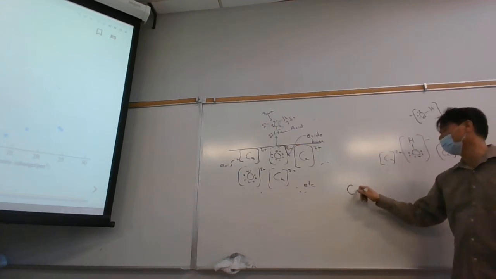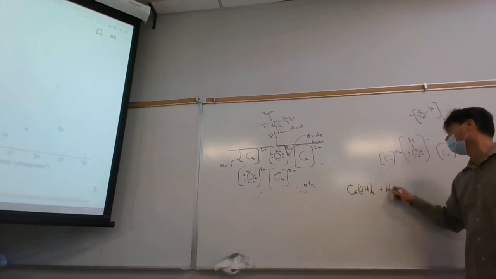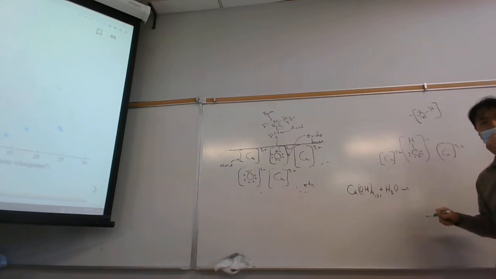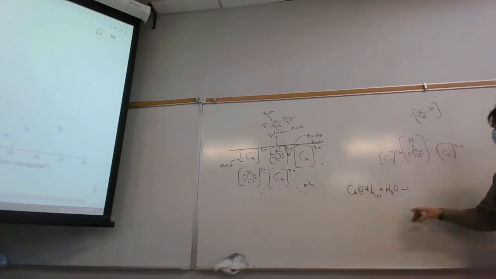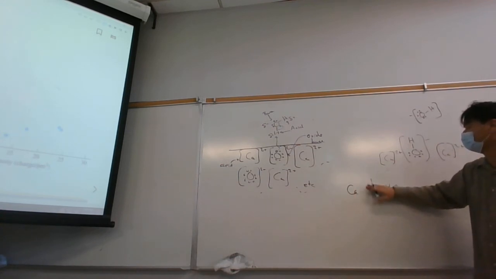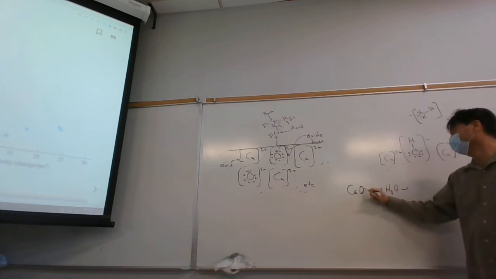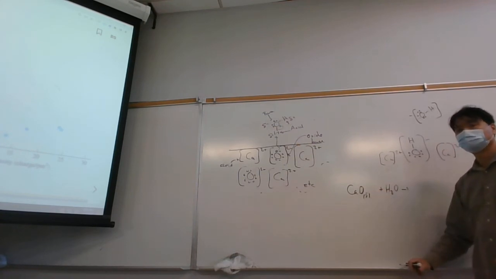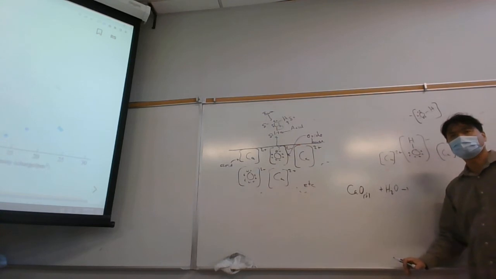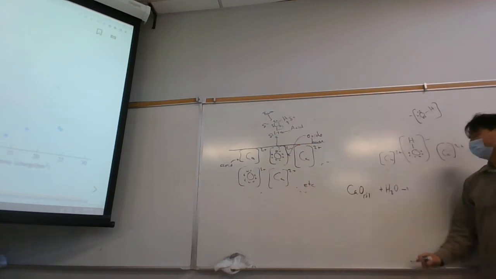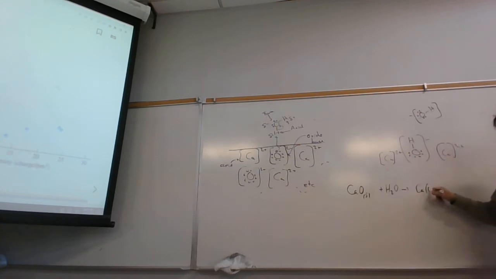And so what we do is this. You learned this in Chem 1A. Metal oxides and water form metal hydroxides.